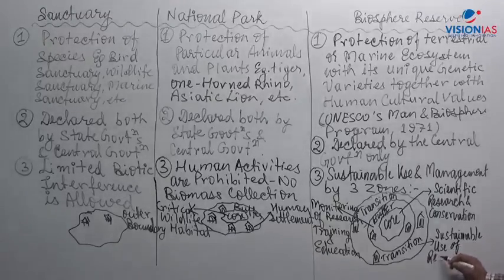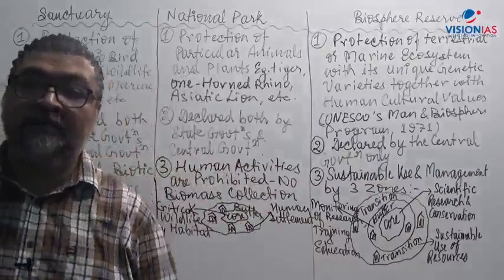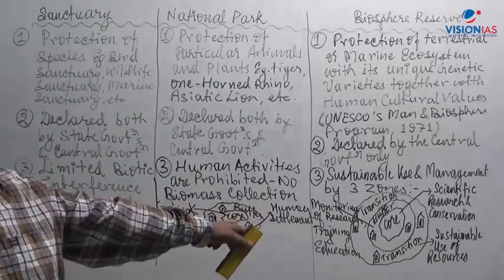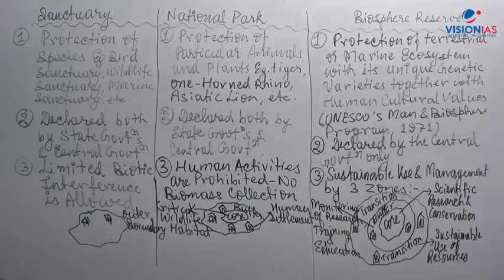So whatever the local communities who live there do for their farming and agriculture, in Nanda Devi, Nilgiri, Sundarban, this all happens in the transition area. Sustainable use of resources happens in the transition zone, and the transition zone is the outermost part. Now let's look at tourism. In a sanctuary, tourism is allowed.